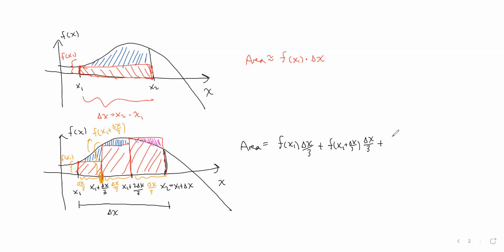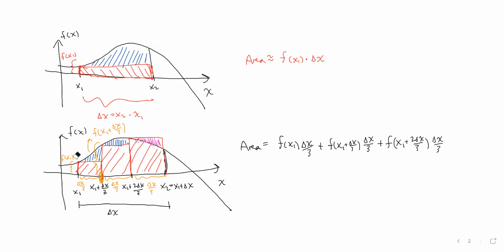And the third rectangle has a height equal to the function evaluated at x1 plus 2 delta x over 3 times delta x over 3 as the width. So there's a common width that each of these rectangles has, which is delta x over 3. And the height of each rectangle is just the value of the function evaluated at different locations.